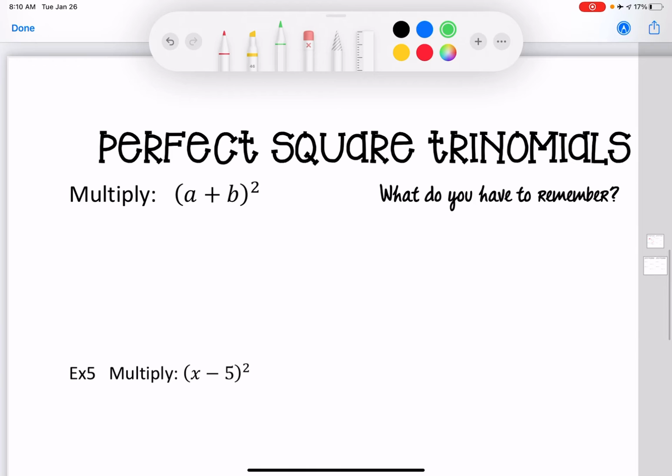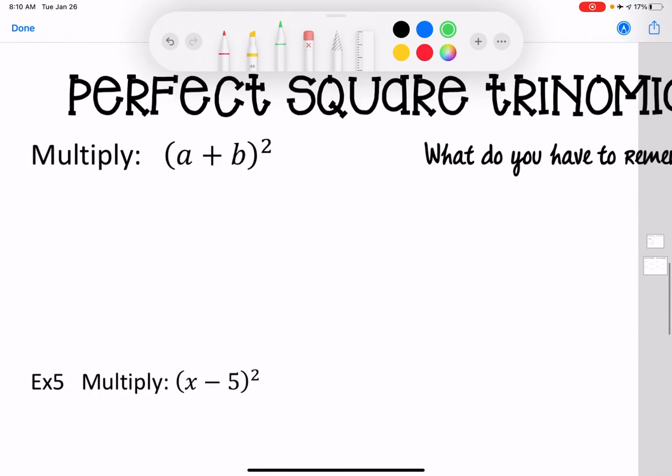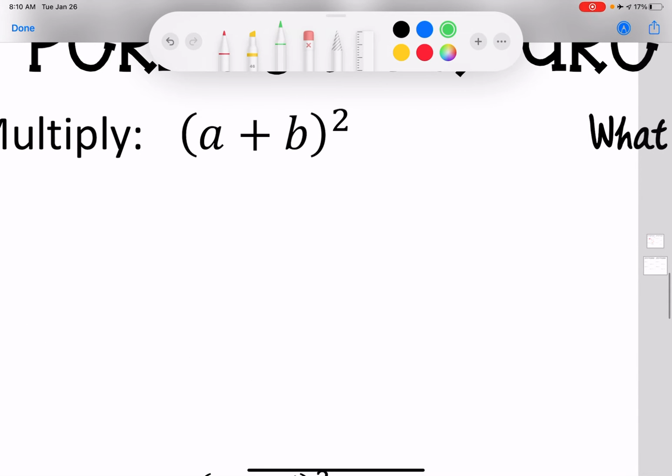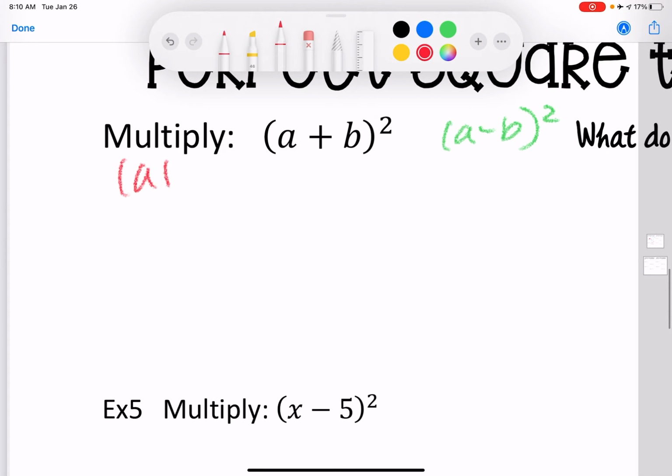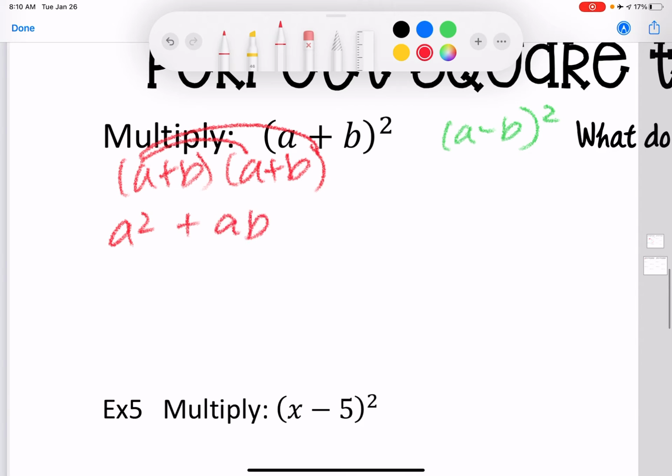So let's go ahead and do our perfect square trinomials. And this is going to be written as either a plus b squared or a minus b squared. So if you're like, I don't know, let's FOIL it out. So you got a plus b times a plus b. And now we're going to do first, outer, inner, and last.